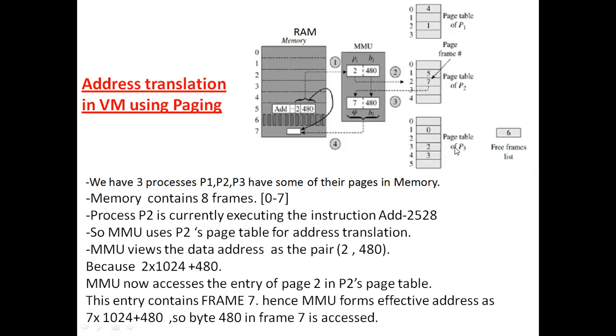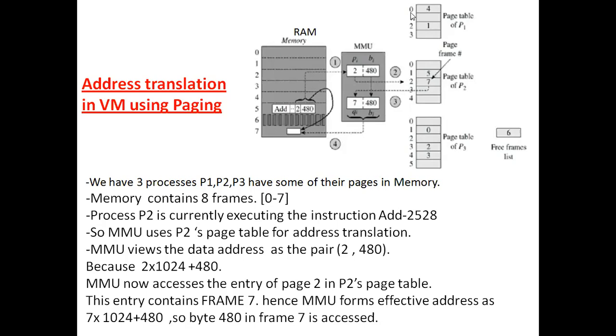Similarly, for the third process P3, the first page of process P3 is stored in the 0th frame of main memory. The third page of process P3 is stored in the 2nd frame, and the 4th page of process P3 is stored in the 3rd frame. So the memory contains 8 frames, from 0 to 7.